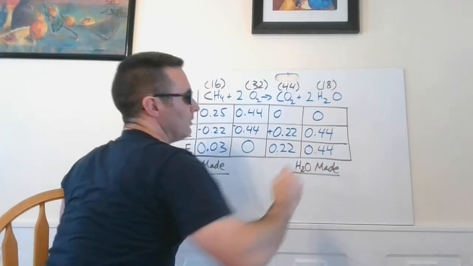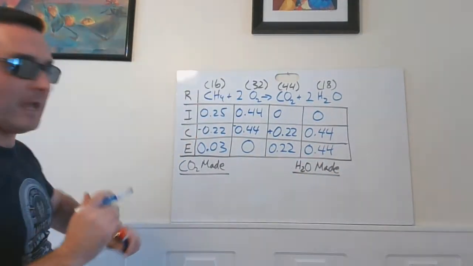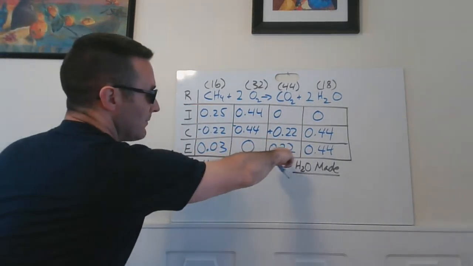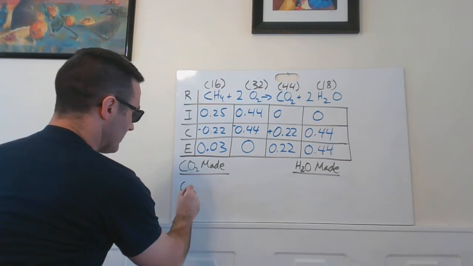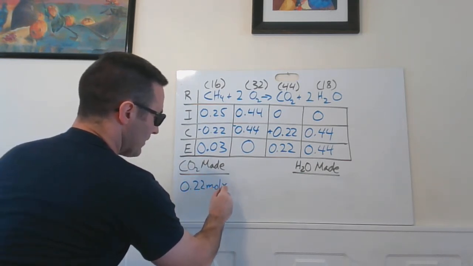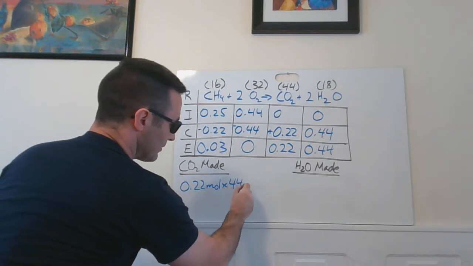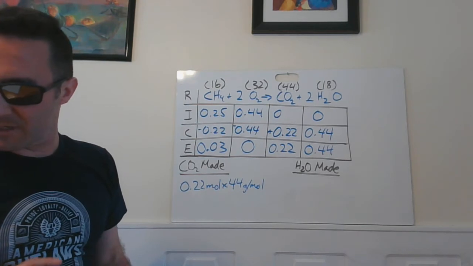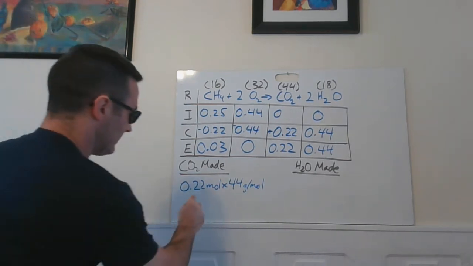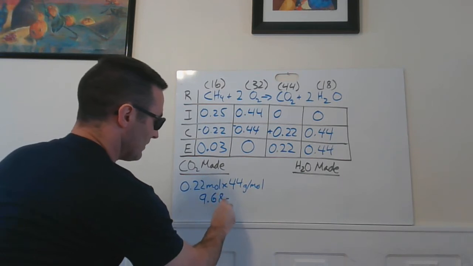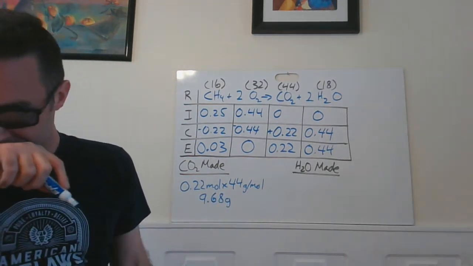Cool. Well, let's do this again. How much carbon dioxide am I actually going to have? I know how many moles I have, 0.22 moles, and it weighs 44 grams per mole. When that's all said and done, it's 9.68 grams.